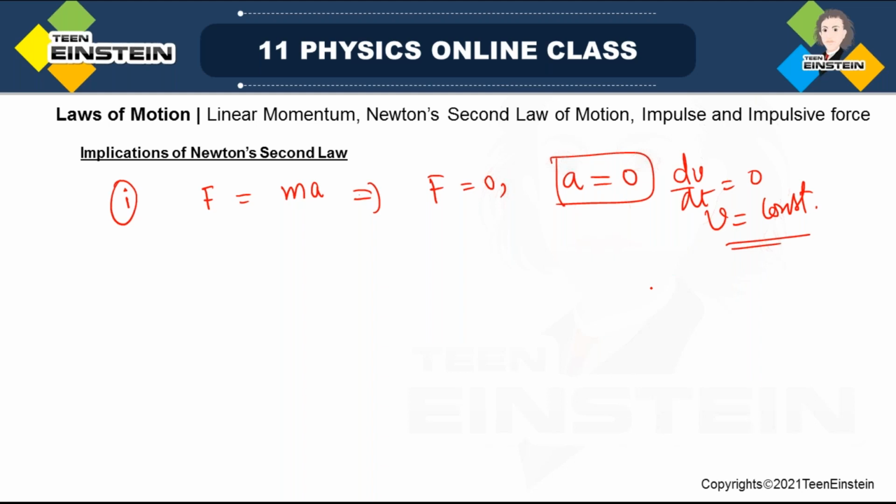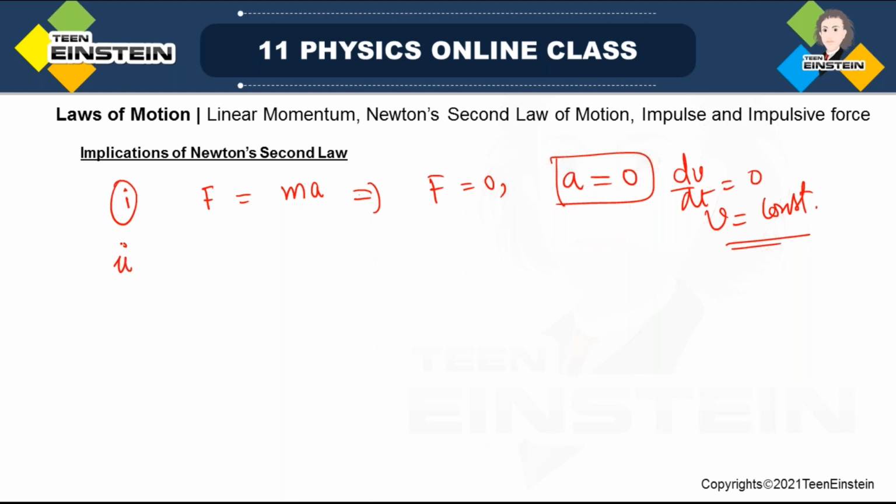From the second law of motion, we can go back to the first law of motion. That means Newton's second law is consistent with Newton's first law.